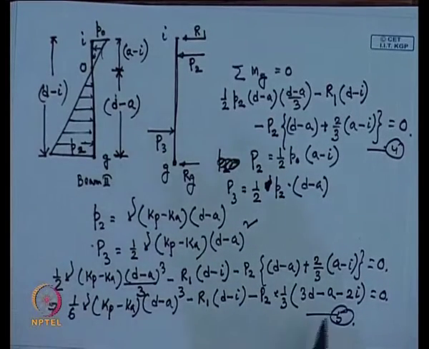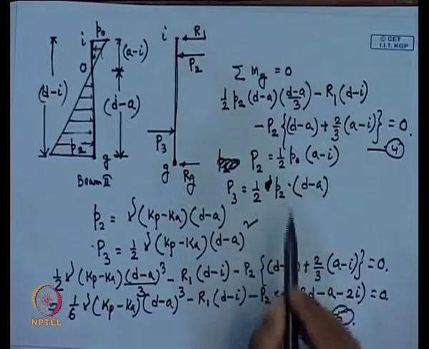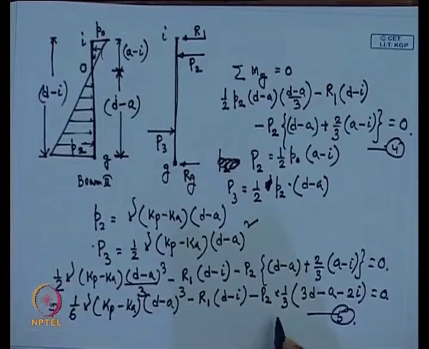So, in this expression our only unknown is D, because I is known from the graph, A is known from the expression, then P 2 is known from this expression capital P 2, where P 0 is known, A is known, I is known. Then R 1 is known from the previous beam 1, I is known.